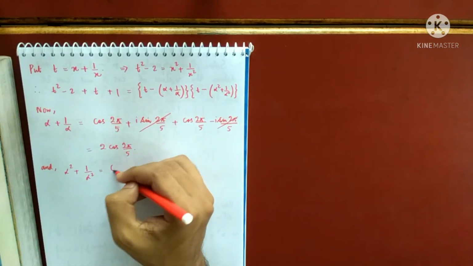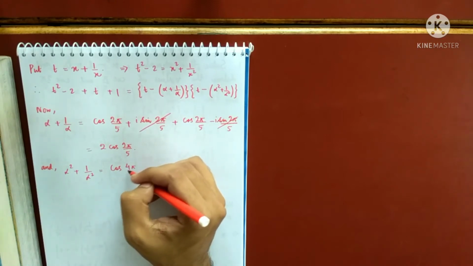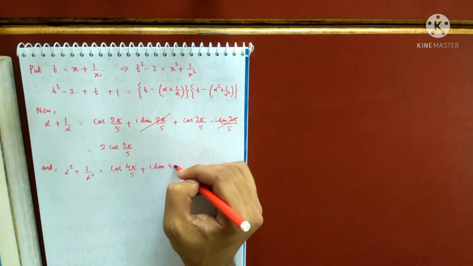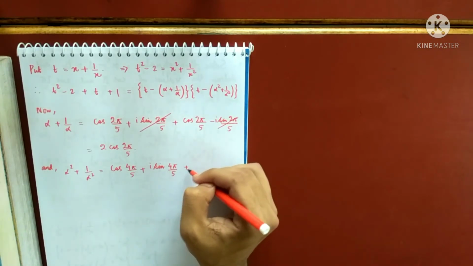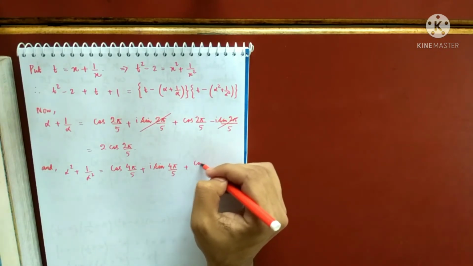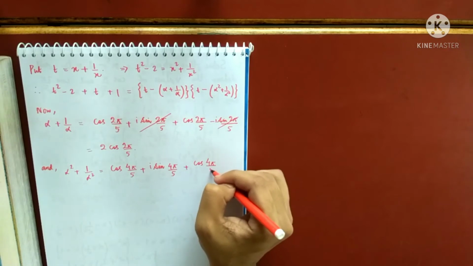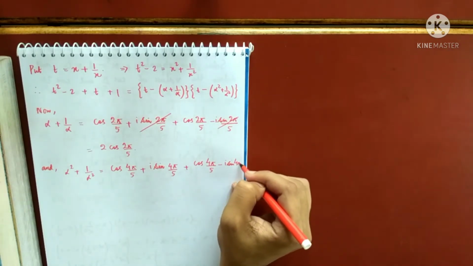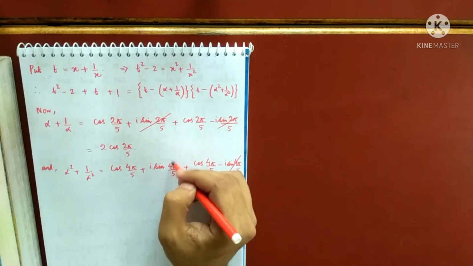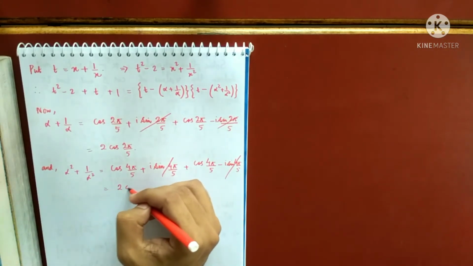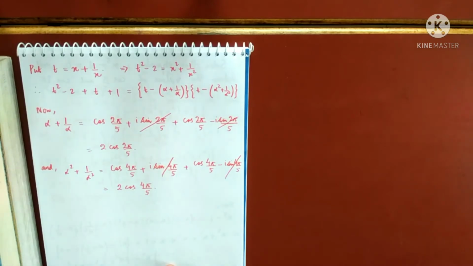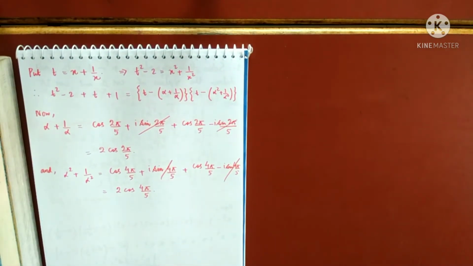So this will become cos 4 pi by 5 plus i sin 4 pi by 5, 2 times cos 4 pi by 5. Am I clear with this part?